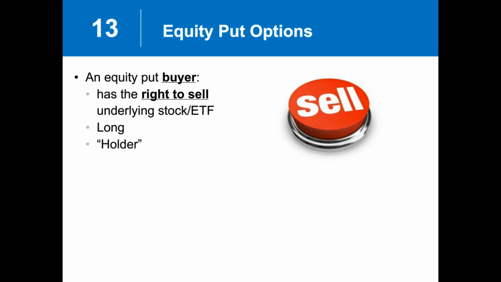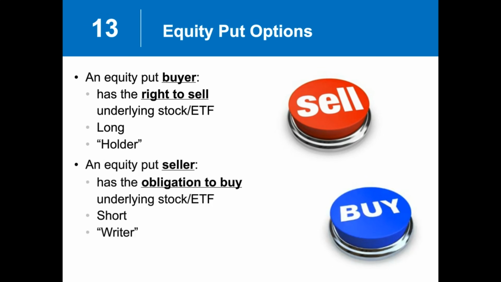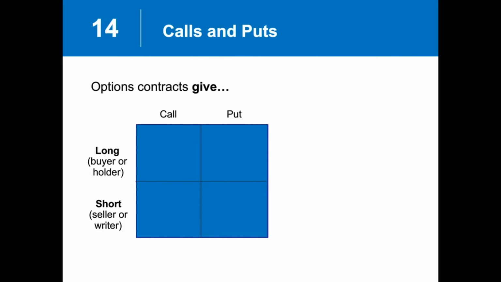And for those of you that have downloaded this presentation ahead of time, this is a slide that you're going to want to print out. A long call buyer, when we talk about being long the option, we mean that you're buying that option. You're also known as the holder.